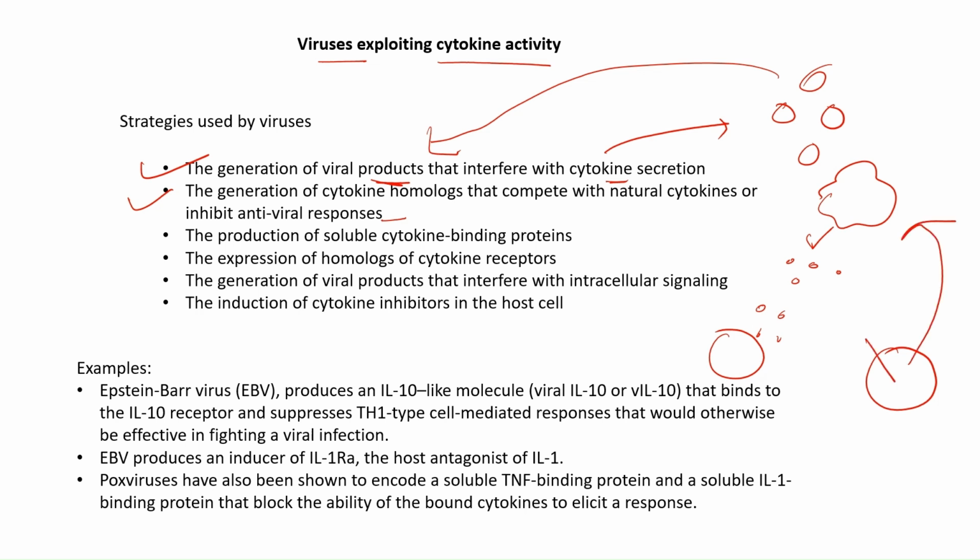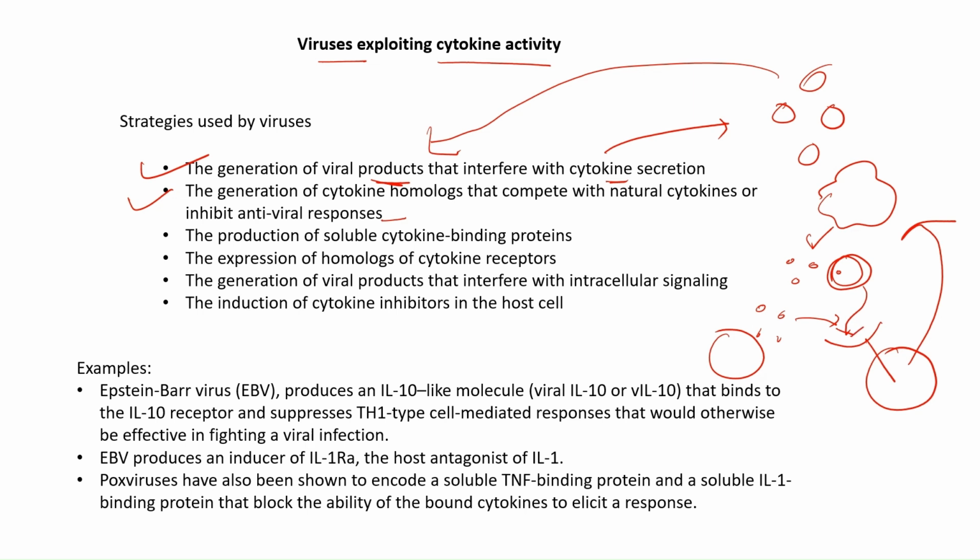For that, the T cell has some receptors where the cytokine should bind. But because cytokine homologs are produced by the virus, these homologs, not the actual cytokine, will compete with the normal cytokine, and instead of the normal cytokine, the viral cytokine will bind to this receptor.